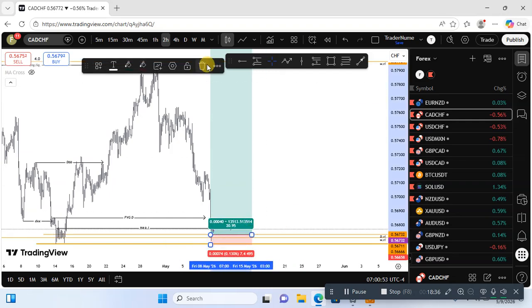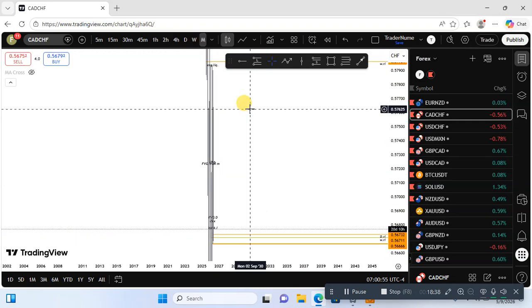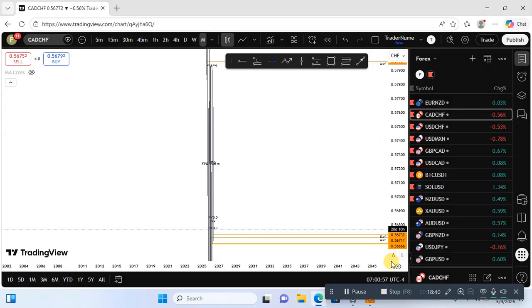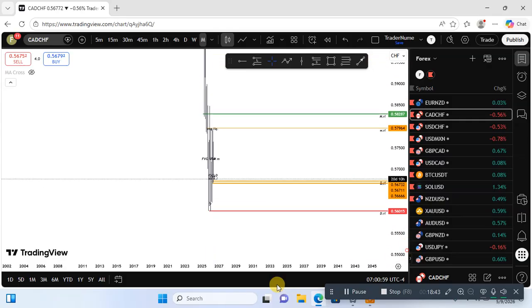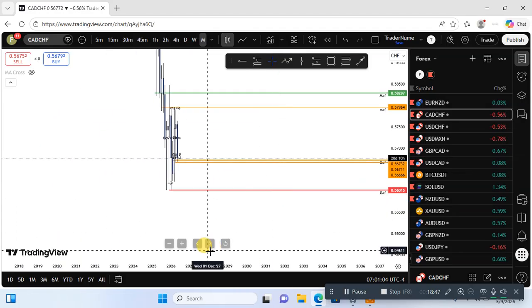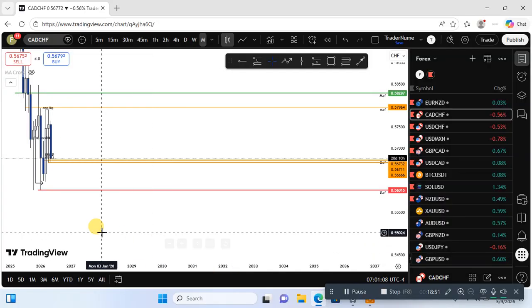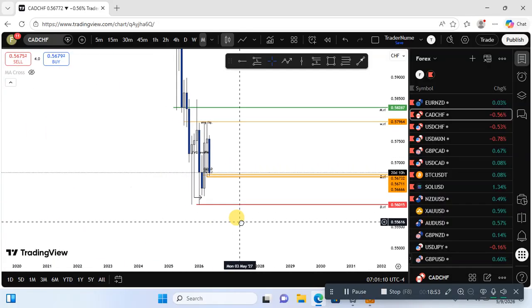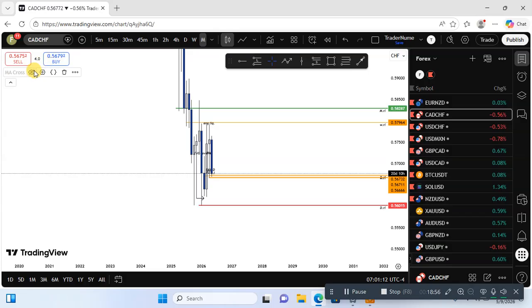So let's go to monthly and weekly to see where price is reacting from, where price is coming from, so that we can frame our entry, right? In this case, we see that on the monthly, price was reacting on this key level here.